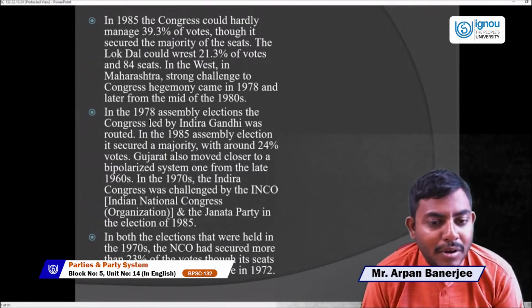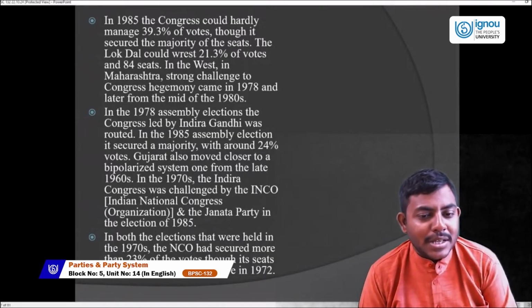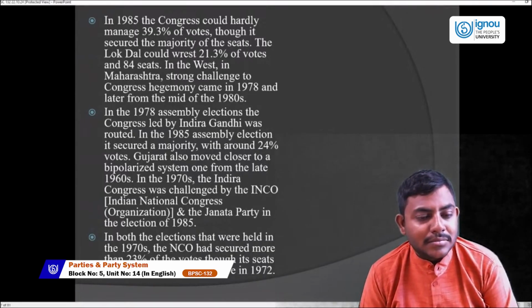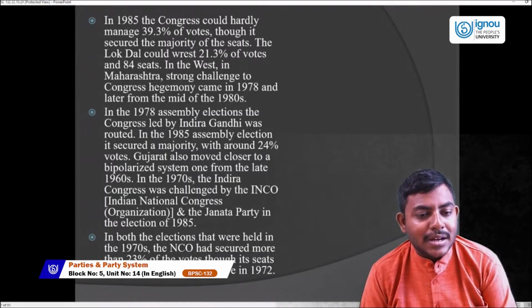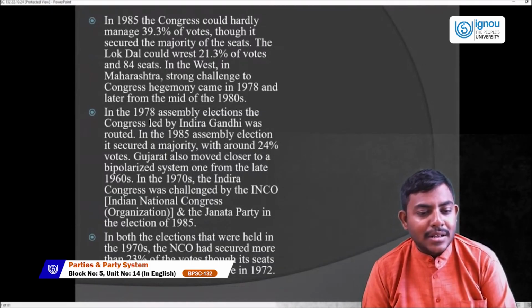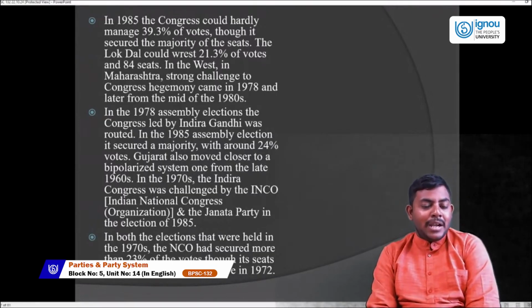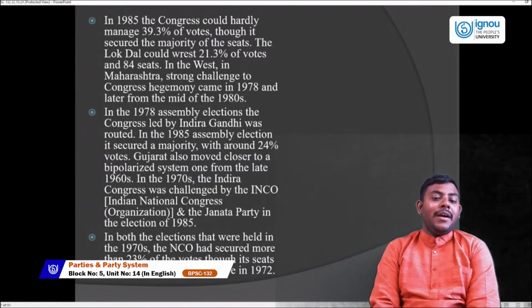Gujarat also moved closer to a bipolarized system, from the late 1960s. In the 1970s, the Indira Congress was challenged by the Indian National Congress Organization, or INCO, and by the Janata Party in the election of 1985.